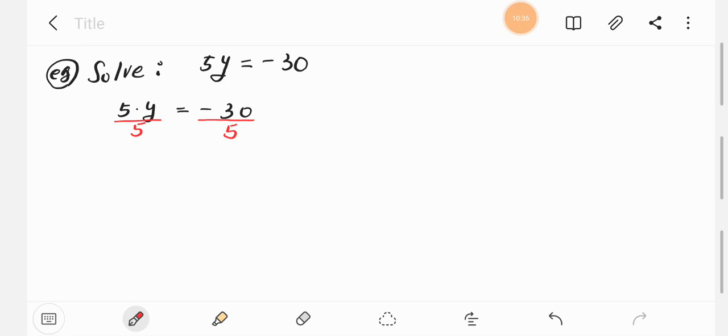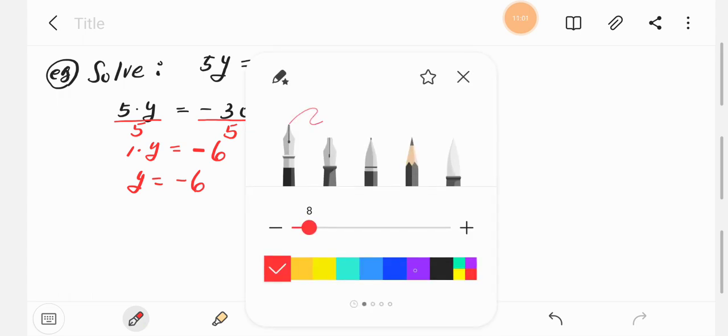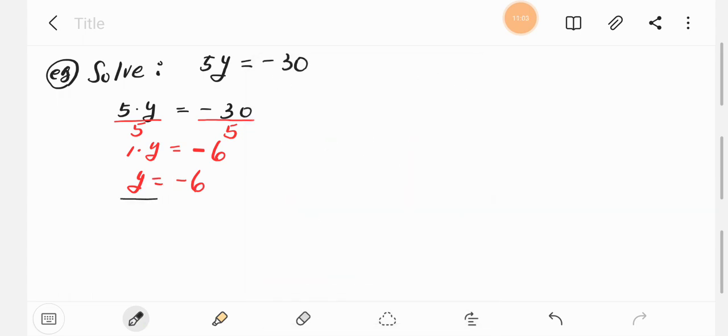And then it becomes 1 times y. And the right side is negative 30 divided by 5. Different signs, so the result is negative. 30 divided by 5 is 6. So finally, y is equal to negative 6. So negative 6 is the solution.